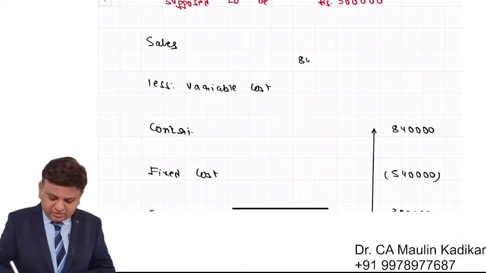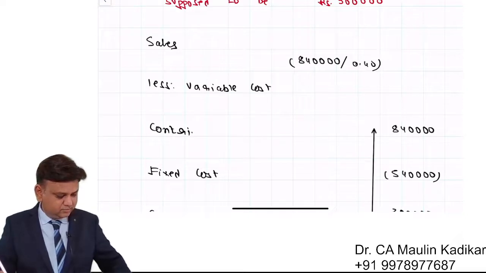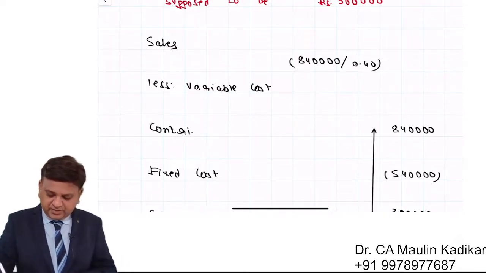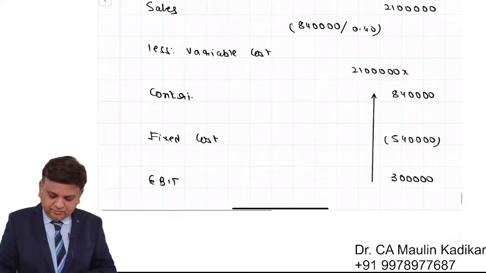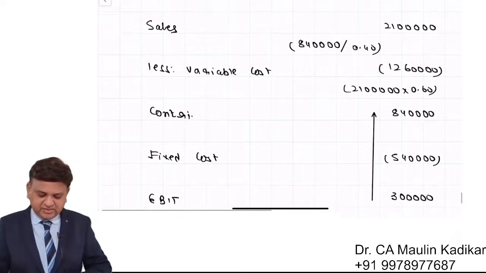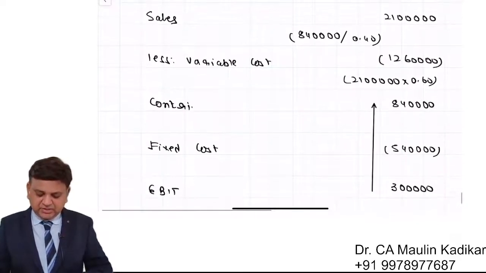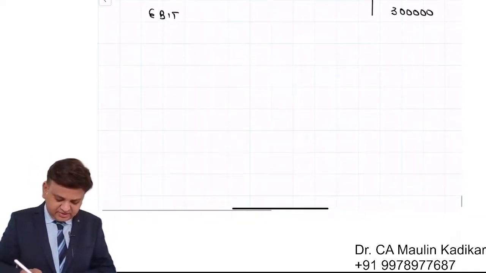Sales is 8,40,000 divided by 0.4. That is 21 lakhs. 21 lakhs into 0.6, 12,60,000. This is the way we will have the answer. So final answer will be written like this.